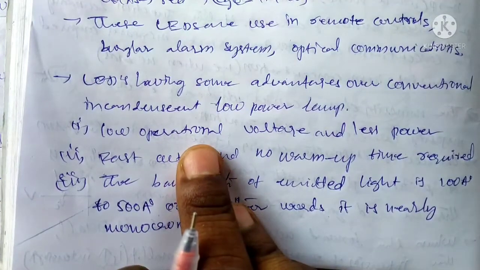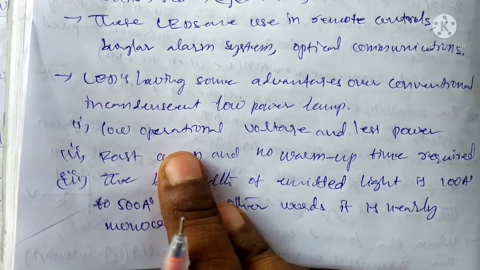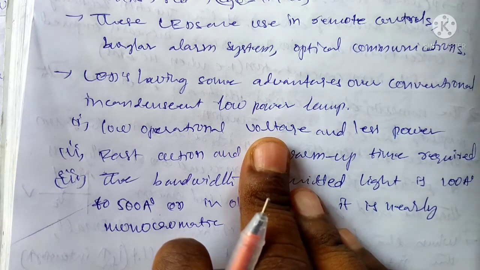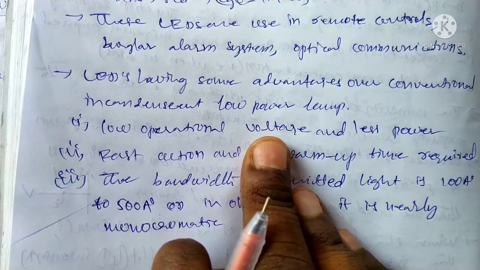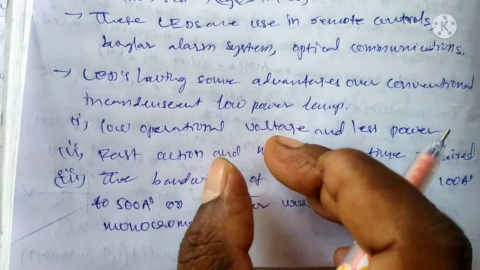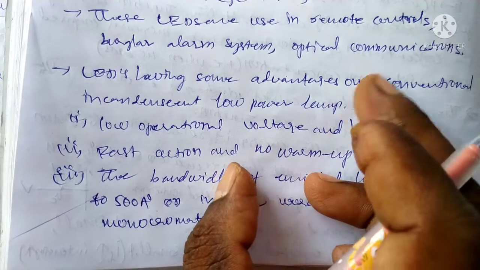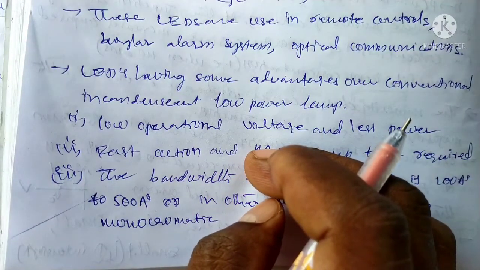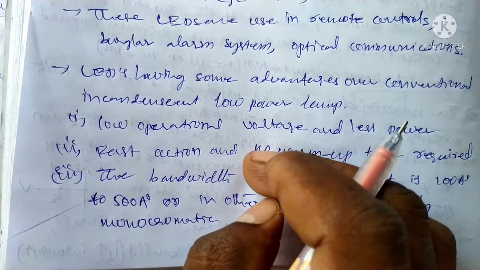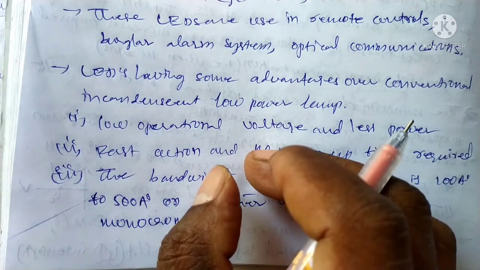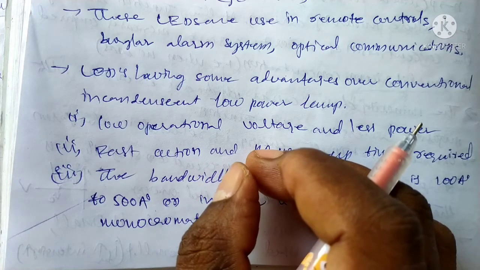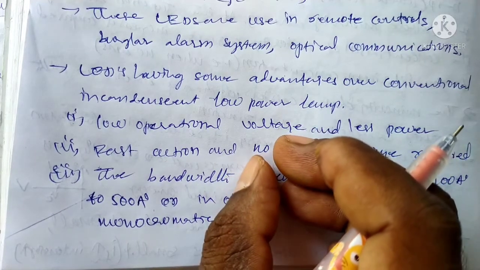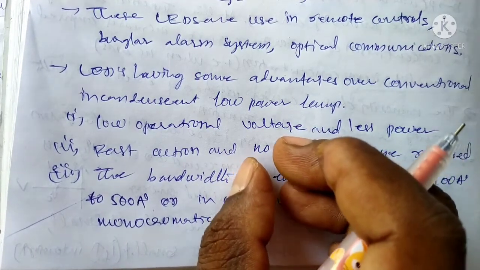The LED has some advantages, that is, low operational voltage. It can operate at only low voltage, not high voltage, because in forward bias it has a small band gap or depletion layer. Electrons are emitted at low voltage. Because forward bias means a small depletion layer, electrons easily jump from n type to p type.